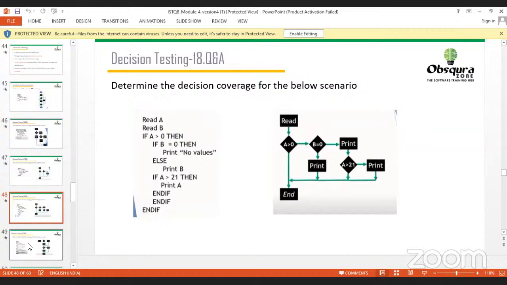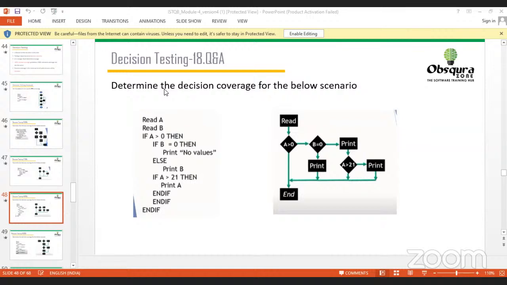Decision coverage means suddenly the branches should come to your mind. Yes, 4 is the correct answer.